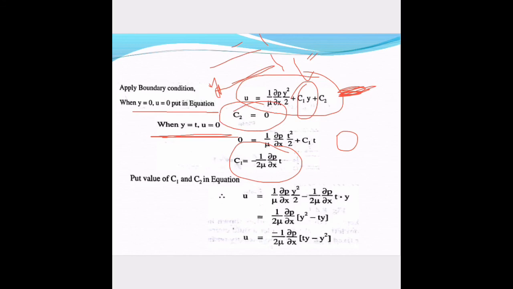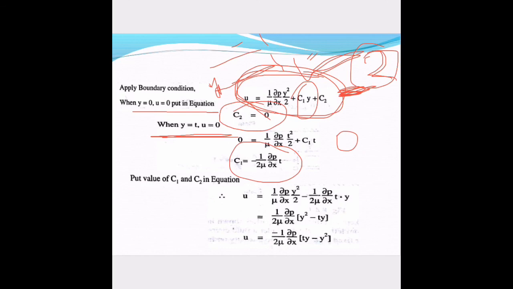Substituting C1 and C2 values, your velocity equation will be u equal to 1 by 2 mu del p by del x y square plus y into -1 by 2 mu del p by del x into t.